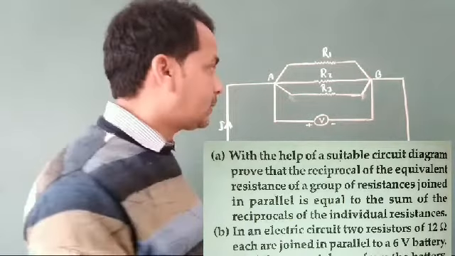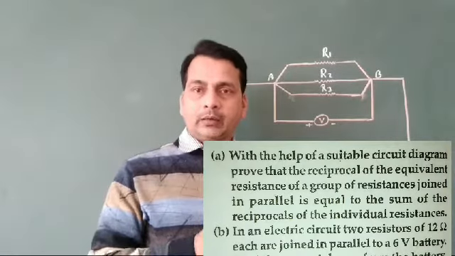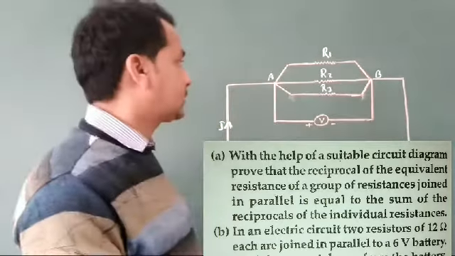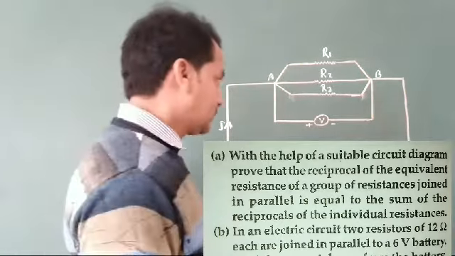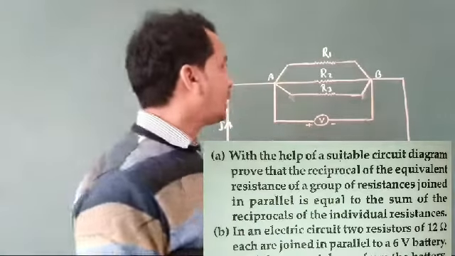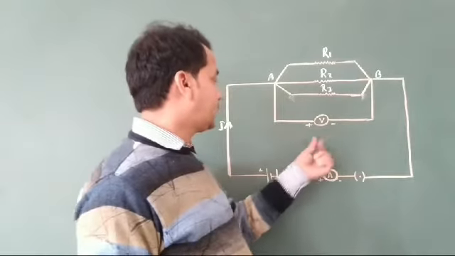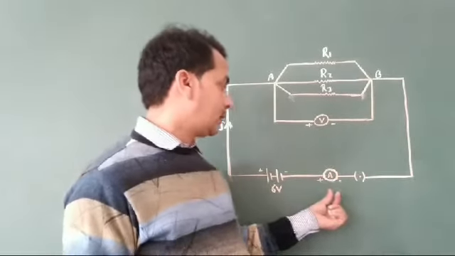Suppose the equivalent resistance is R, and there are three resistors used in the circuit, R1, R2 and R3. They are also connected to a voltmeter, battery and ammeter.